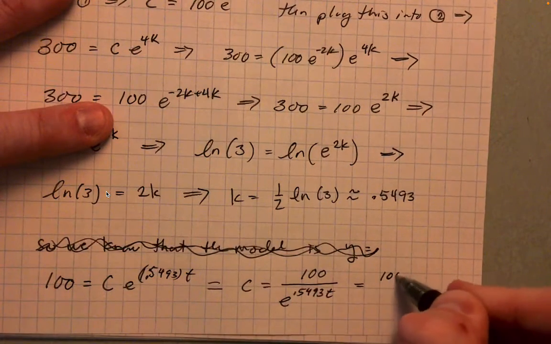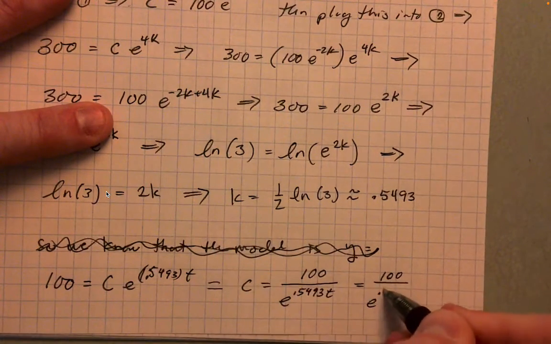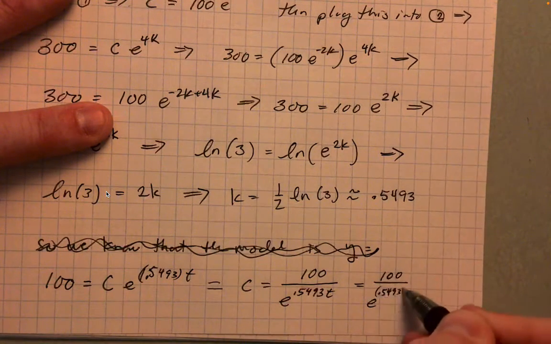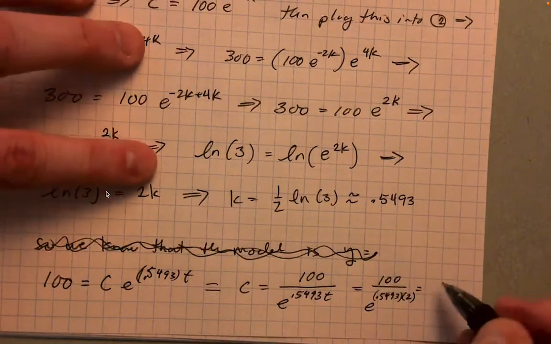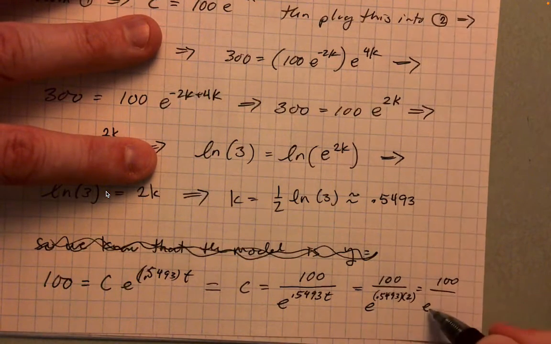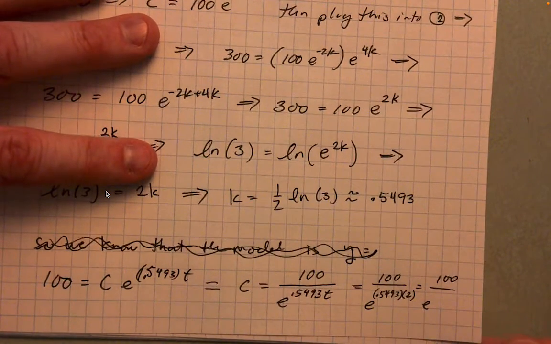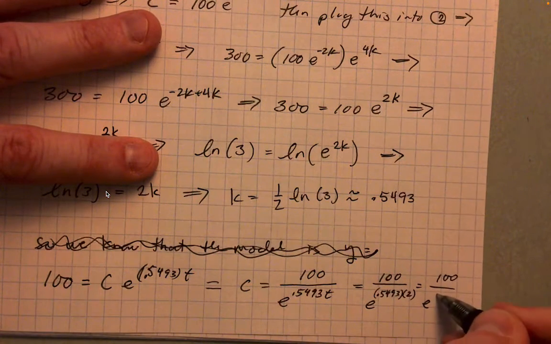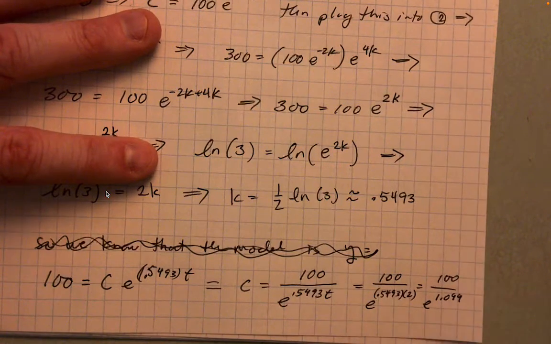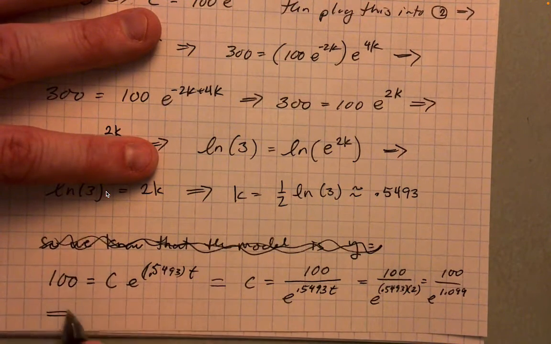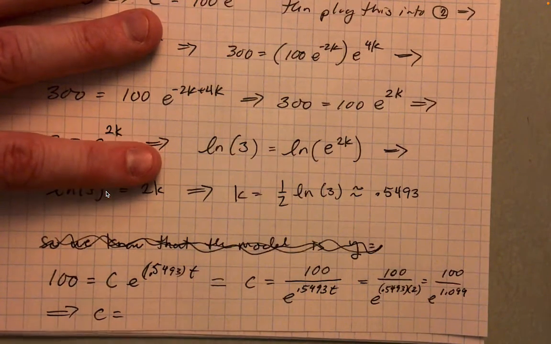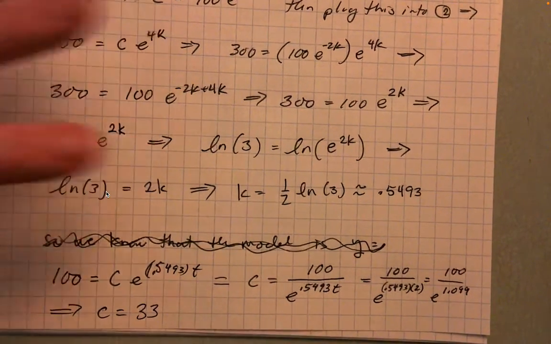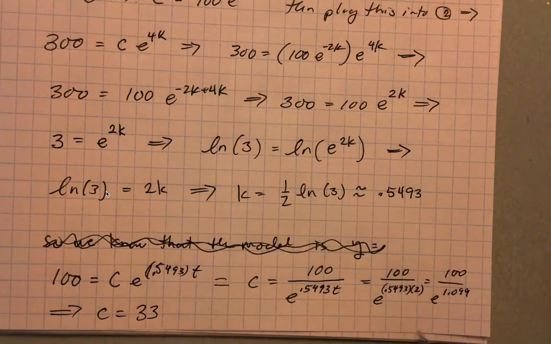So c is equal to 100 divided by e to the 0.5493 times 2, which is 100 divided by e to the 1.099 approximately. And so c is about 33.